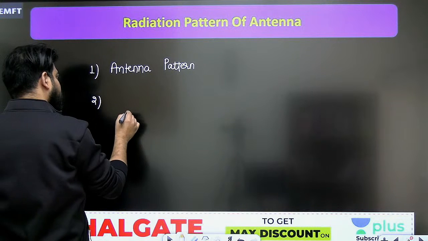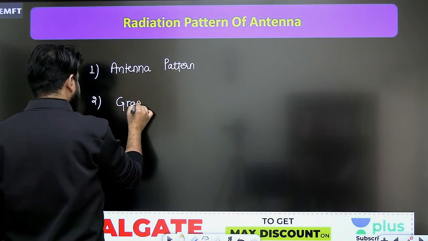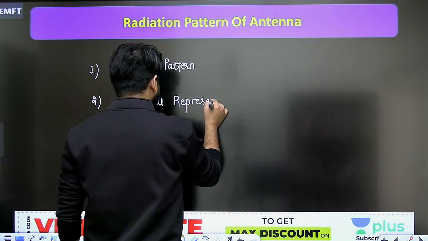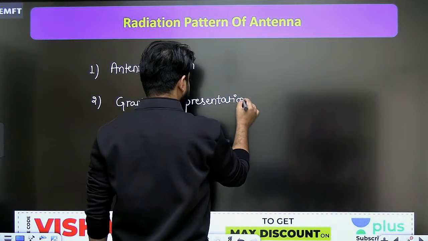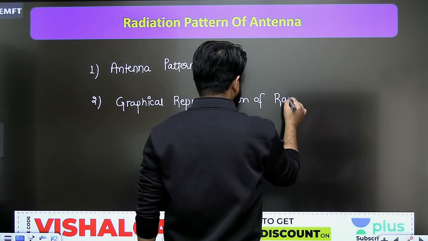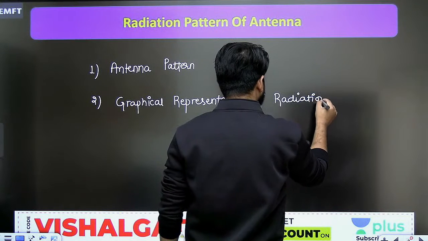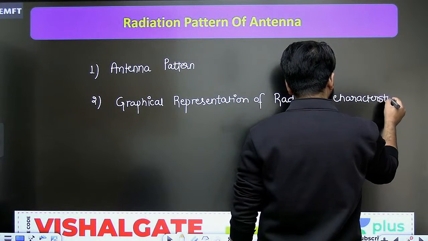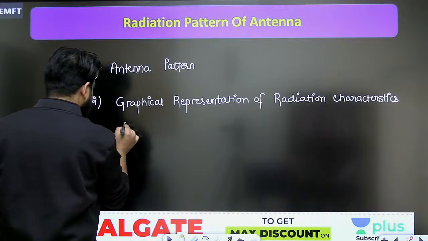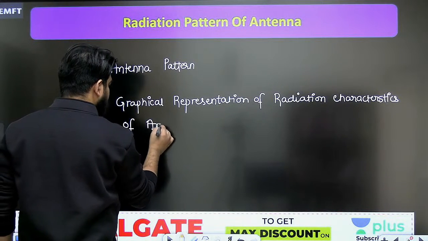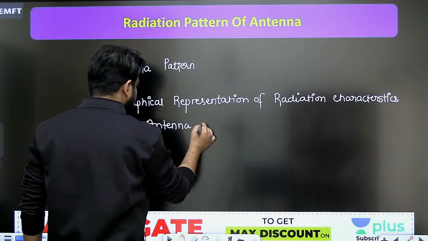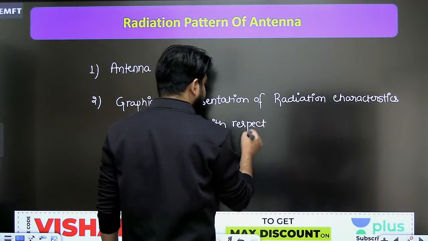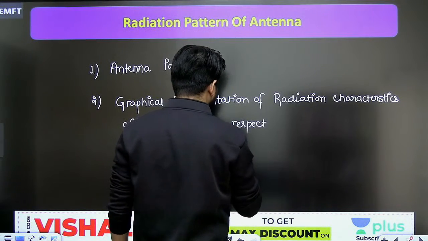Second, this is basically the graphical representation of the radiation characteristics of an antenna with respect to space, which means we want to understand how the radiation characteristics are varying with respect to space.